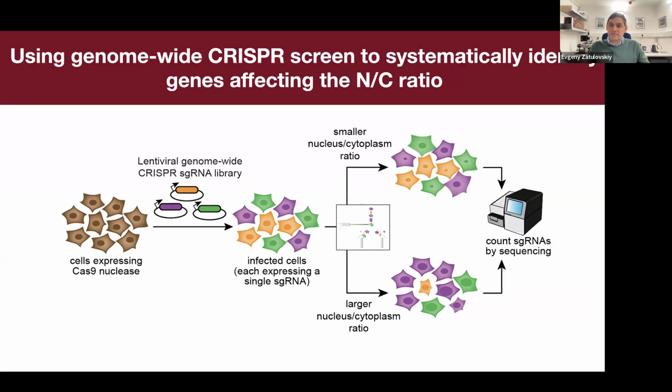To do this, we transfected our HeLa cells with a genome-wide library of guide RNAs against different genes in the cell, and then we sorted cells into the cells with a small nucleus versus large nucleus. After which we can sequence and count different guide RNAs to identify genes that affect the NC ratio.